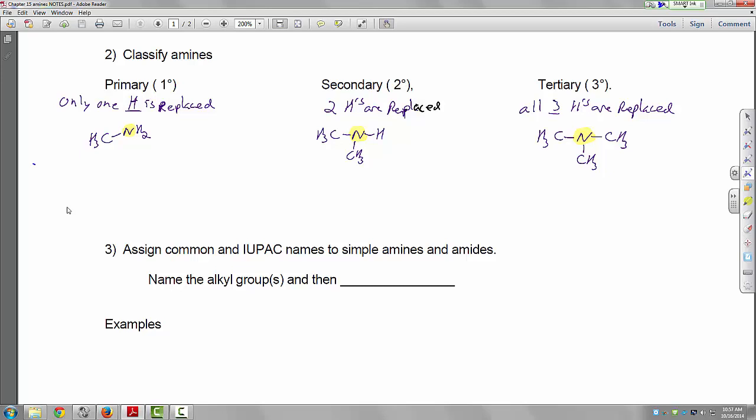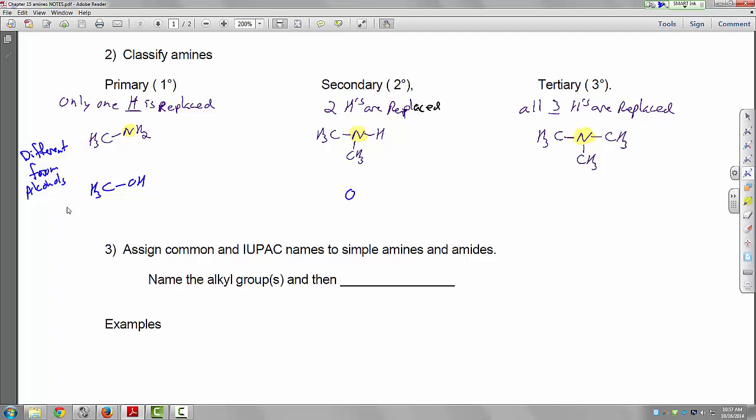For alcohols, it's different. An alcohol, they all have an OH, right? And so we could have something like that. That would be a primary alcohol. Okay.